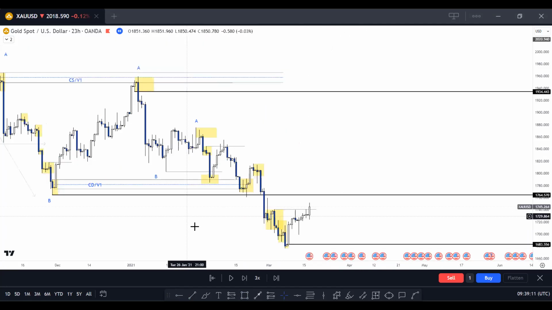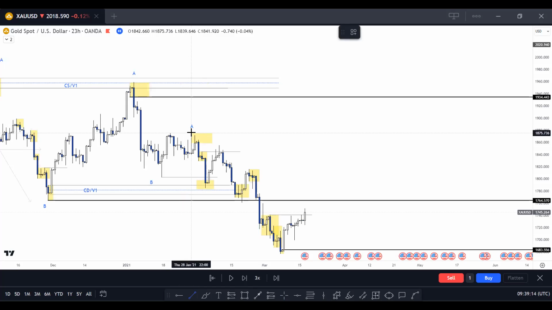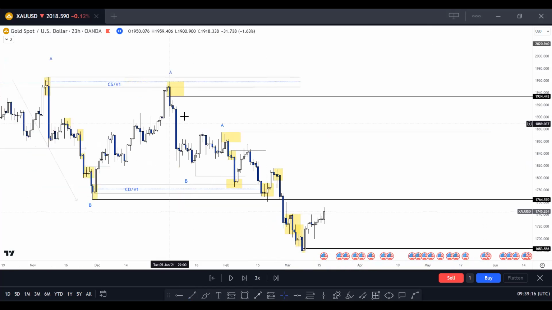And now we have the liquidity between A to B, because we have an unmitigated zone here. So this is a range, and we have two ranges here. So CSV1, CSV1.